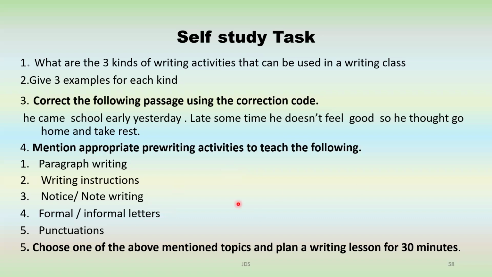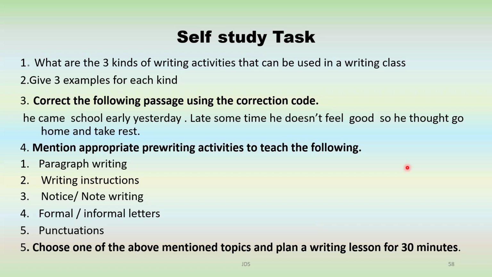Then the practice stage, what are the two tasks you are going to do? And the production stage, what are the two tasks you are going to do? Just write them. You don't have to formally write a lesson plan. That is not expected from you. Just write what you will be doing in the presentation stage and the two tasks that you will be handling in each practice and production stage.